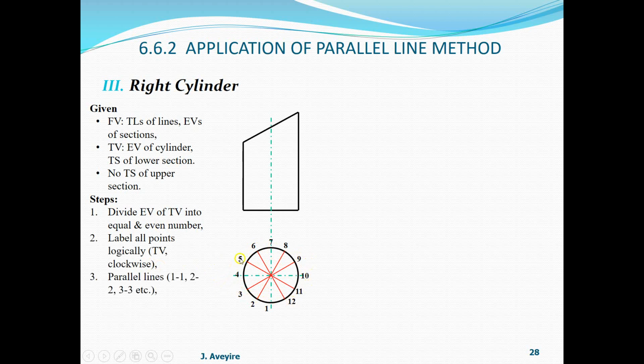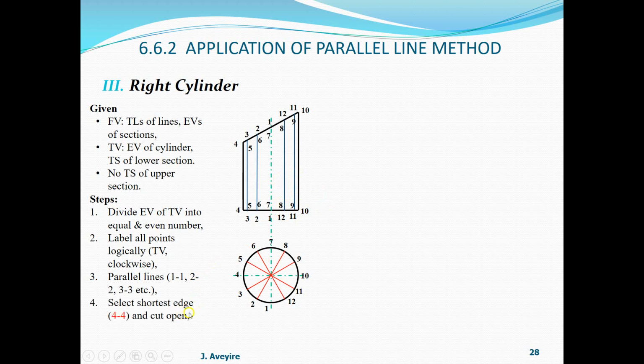Now here, to obtain parallel lines on the surfaces, we project these points onto the front view, and this will be 1, 1, then from here 2, 2 visible, 3, 3 visible, 4, 4 visible, 5 within not visible, 6 within, 7 within, 8 within, 9 within, 10 within, 11, 10 is visible, 11 visible, 12 visible, and back to 1. So we have all the lines here shown over there.